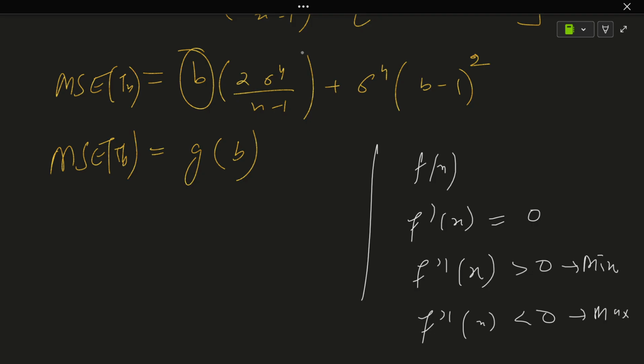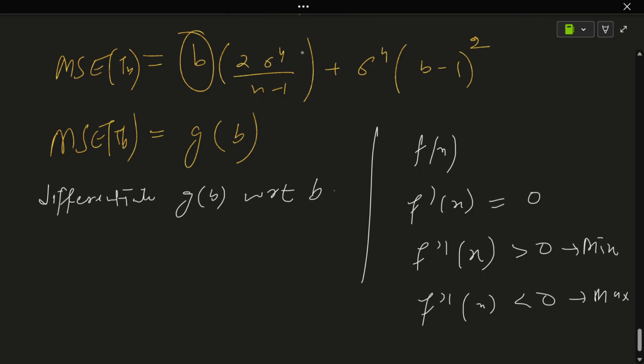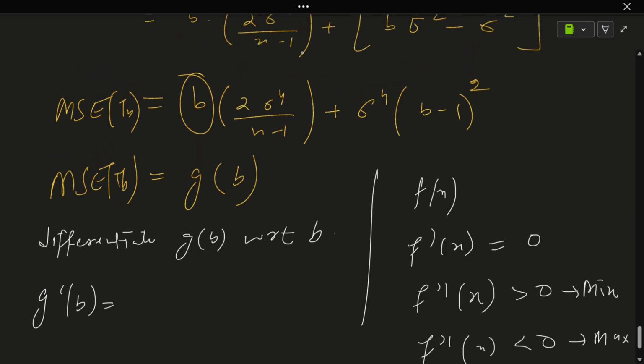So see, g of b is equal to this. Now differentiate g of b with respect to b. So g dash of b is nothing but the differentiation of b square will be 2b, so we will be left with 2 sigma 4 upon n minus 1 plus sigma 4 into (2b minus 2).